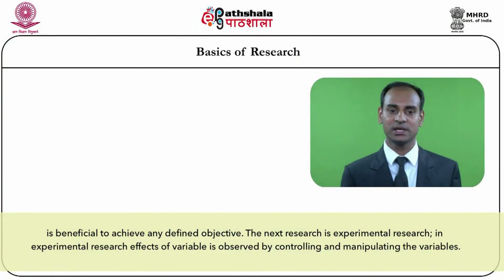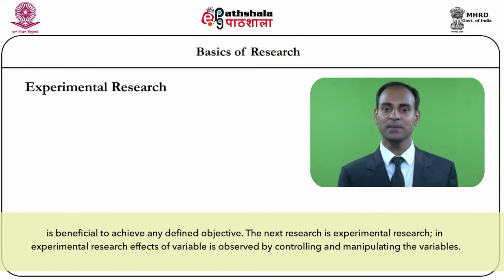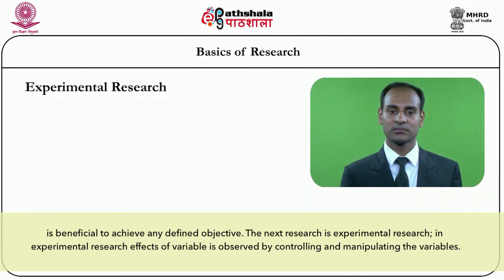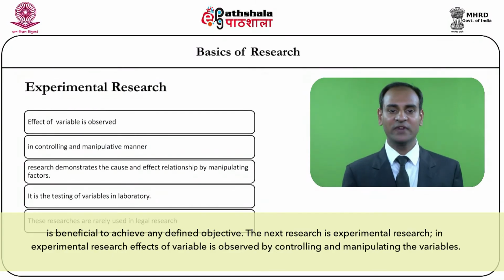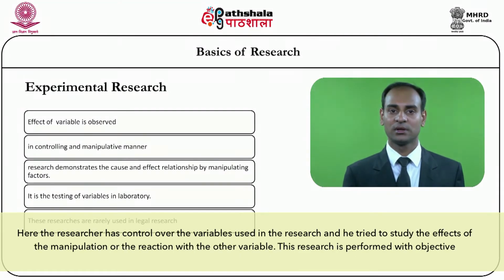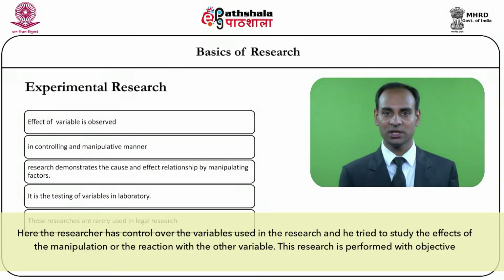The next research is experimental research. In experimental research, the effects of a variable are observed by controlling and manipulating the variables. Here the researcher has control over the variables used in the research, and he tries to study the effects of their manipulation or their reaction with the other variables.